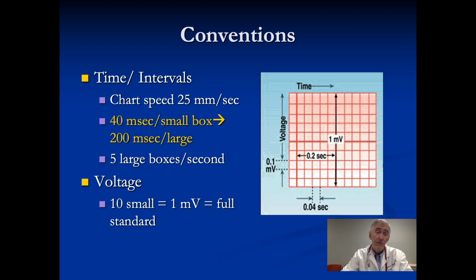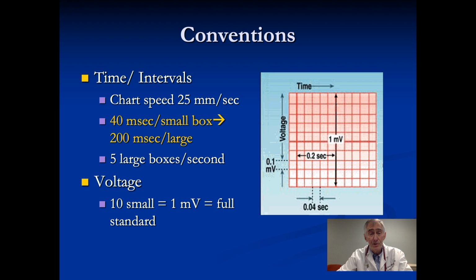So each millimeter is 0.1 millivolts. By convention, we use this as millimeters. We describe on morphology that there is 2 millimeters of ST elevation, not 0.2 millivolts of ST elevation. In research papers, sometimes they will present that.